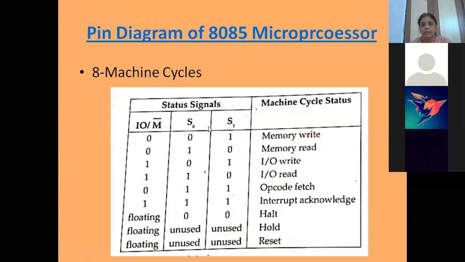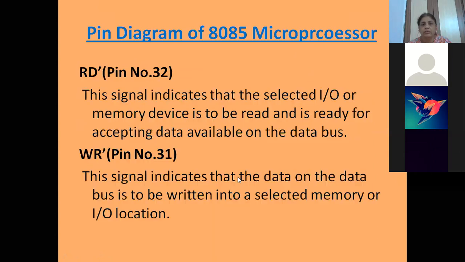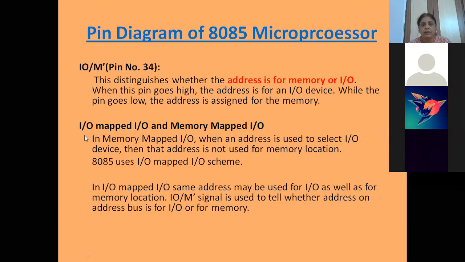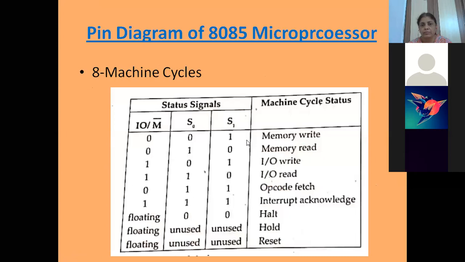So when it is combined with this, you will have 8 machine cycles जिस पे microprocessor work करता है. Now it is clear. Any doubt in these 3 pins? IOM bar pin is important. 2 questions are there. IOM bar pin, उसमें एक question एक pin में आता है, और दूसरा the difference between IO mapped IO and memory mapped IO. Right?